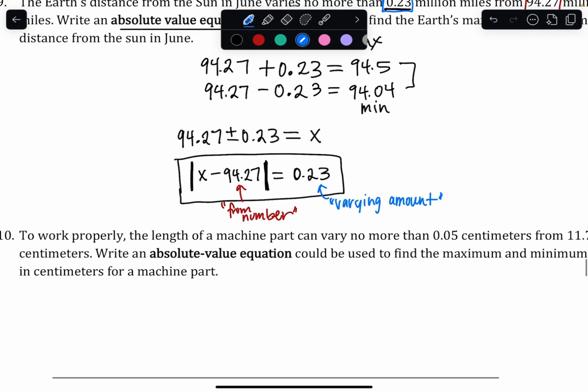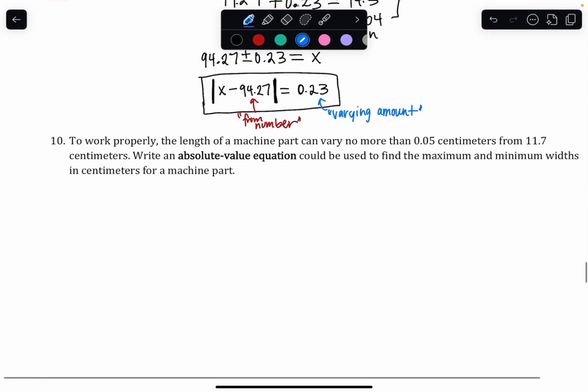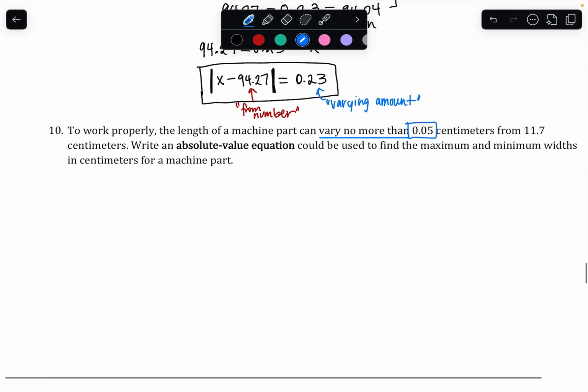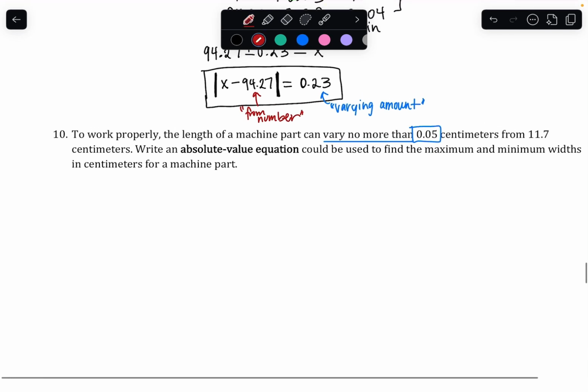And so let's look at another example. To work properly, the length of a machine part can vary no more than 0.05. That's my varying number, from 11.7 centimeters. That's my from number. Okay.